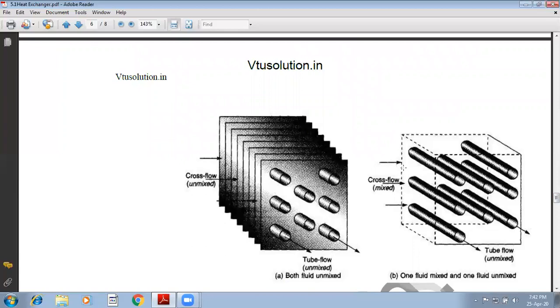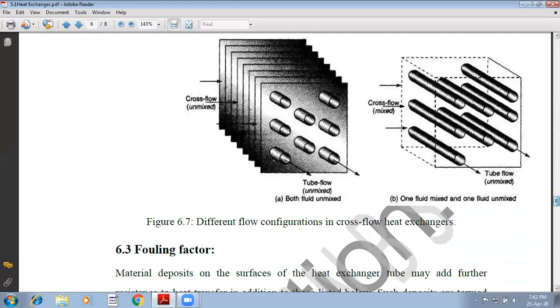Whereas if you see here, the fluid which is flowing over the tubes can flow in any direction. So this is mixed. So here fluid B is mixed, whereas fluid A is unmixed. Hence, one fluid is mixed and another fluid is unmixed.